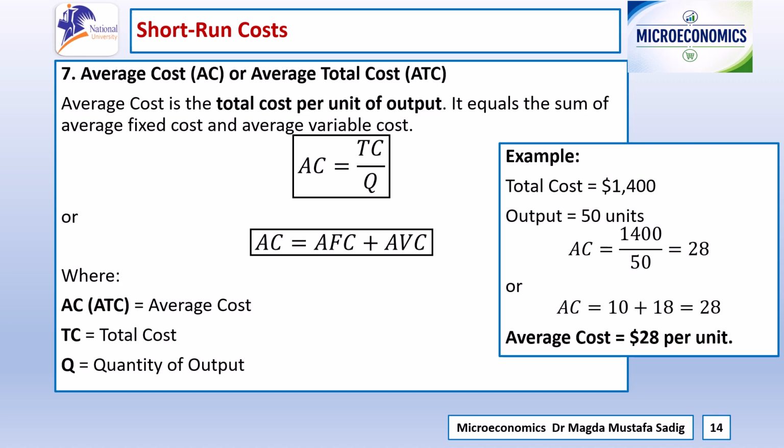In our example, total cost equals $1,400 and output equals 50 units, so average cost equals 1,400 divided by 50, which equals $28 per unit. So average cost is widely used in pricing decisions.